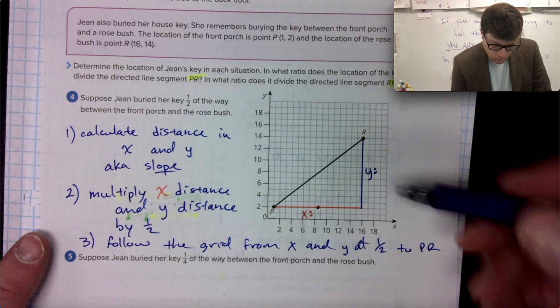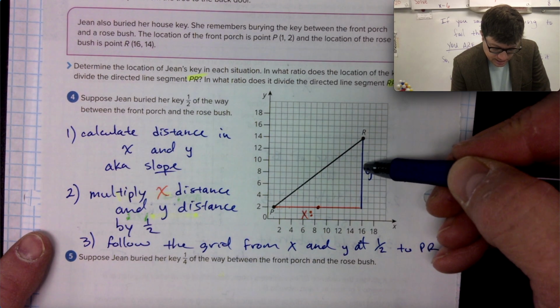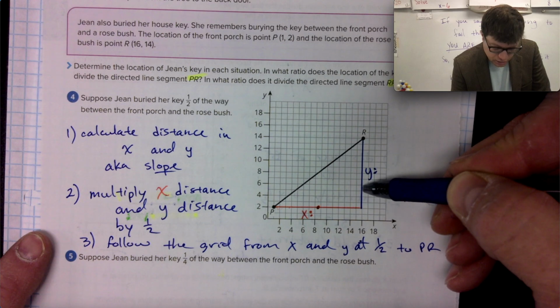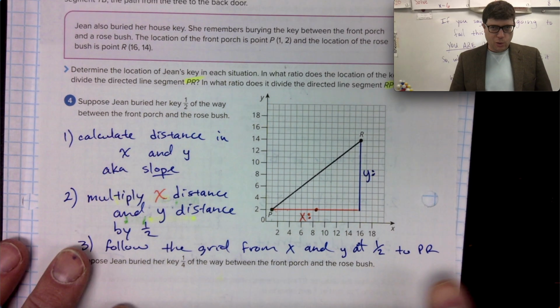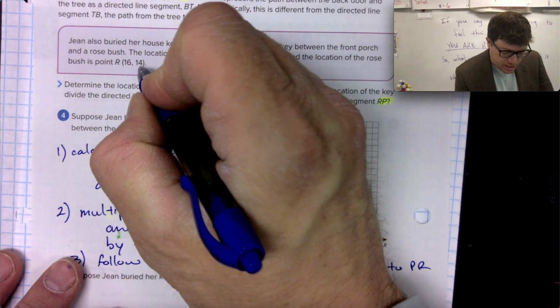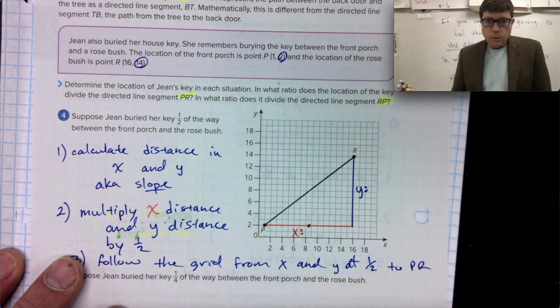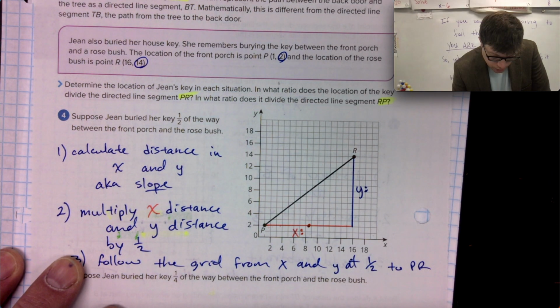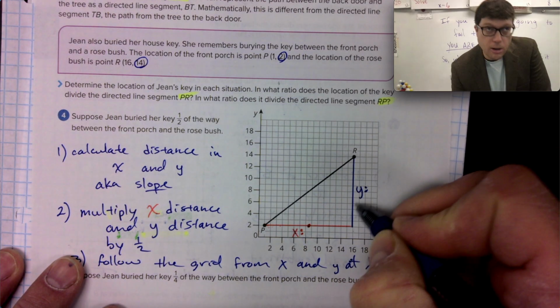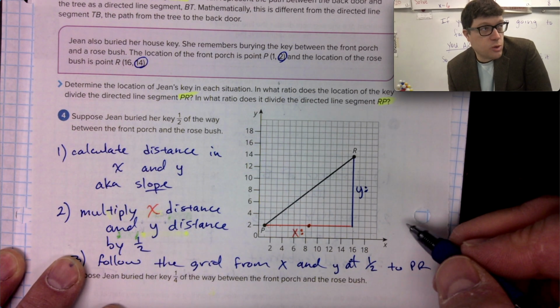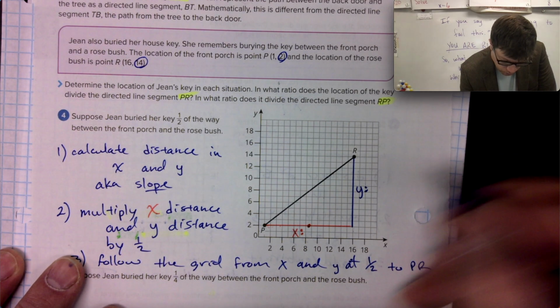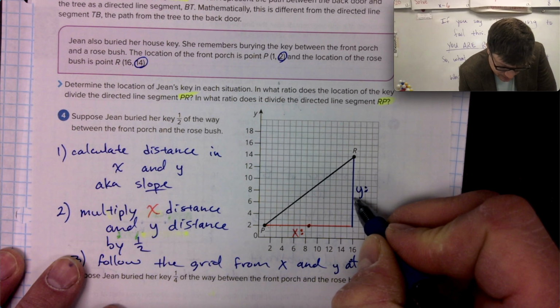I do the same thing with the Y. I count 1, 2, 3, 4, 5, 6, 7, 8, 9, 10, 11, 12. By the way, I should already know it's 12 because what's 14 take away 2? 12. And then I'm going to make a mark at half of 12. Half of 12 is 6. So up 1, 2, 3, 4, 5, 6.